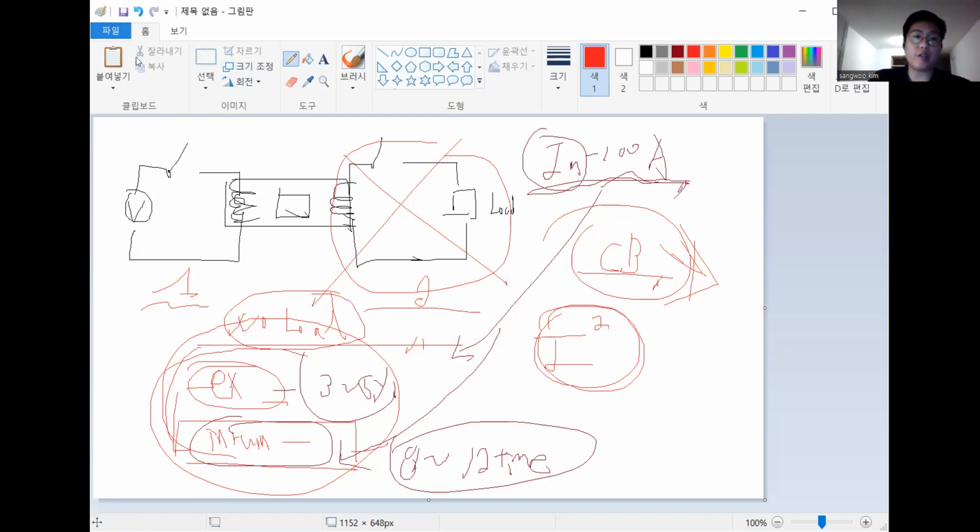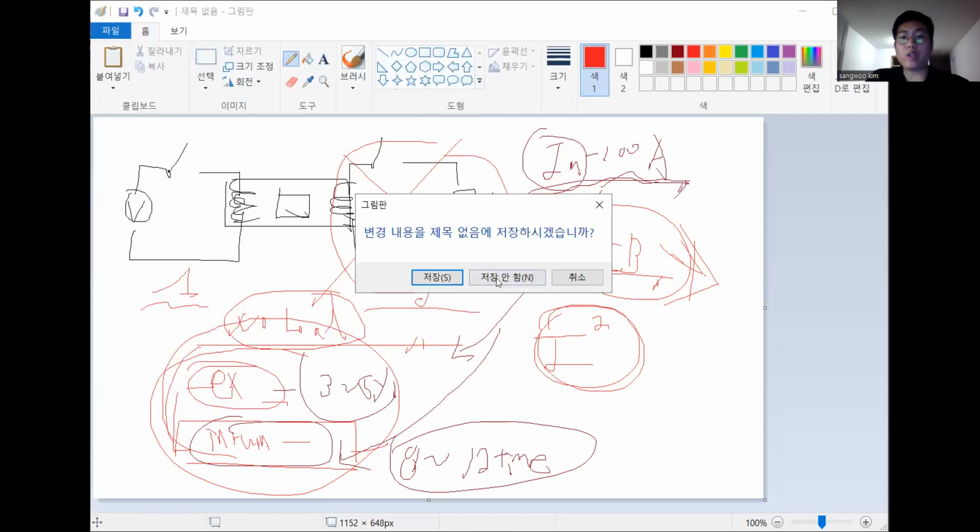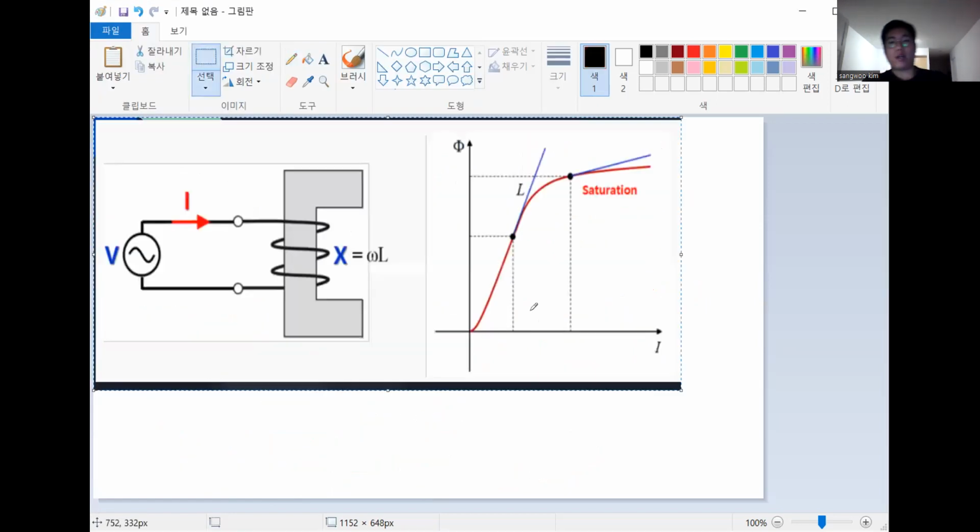To understand inrush current, we first need to know about saturation. I already made a lecture about this, so you have to watch it. First of all, this is the iron core of the transformer.